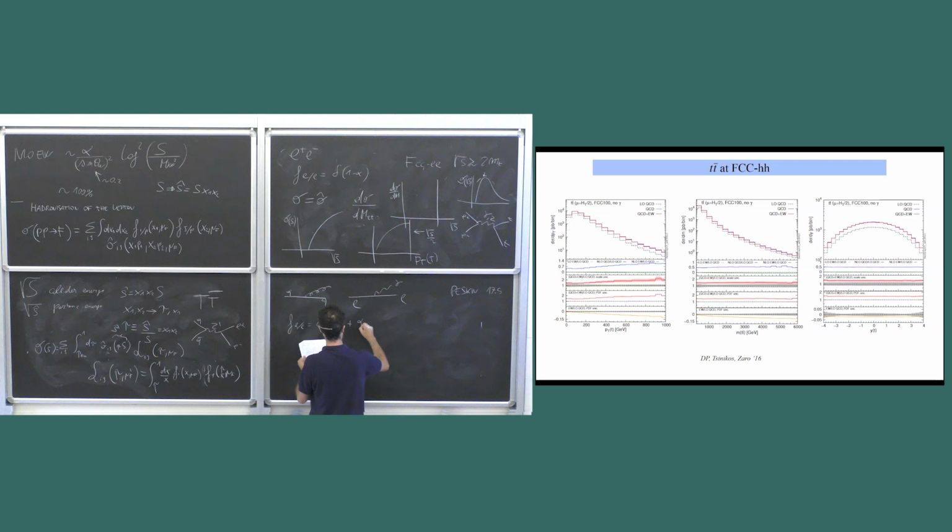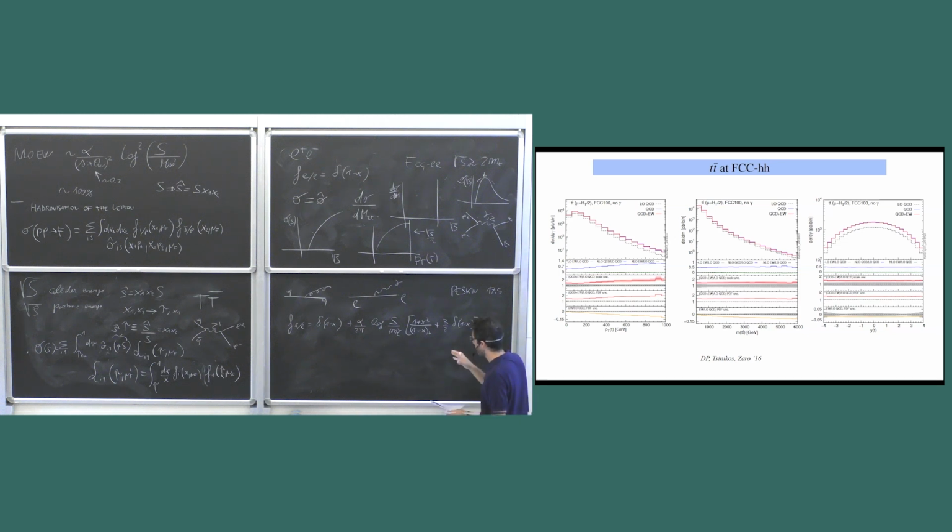It becomes alpha over 2 pi log s over m_l squared times (1 plus x squared over 1 minus x), with the plus prescription. I don't want to go into this detail today, but it's again a kind of distribution like the delta, used to regularize the integral you have to do when you convolute this with the partonic cross section.